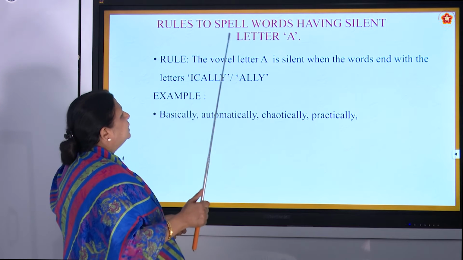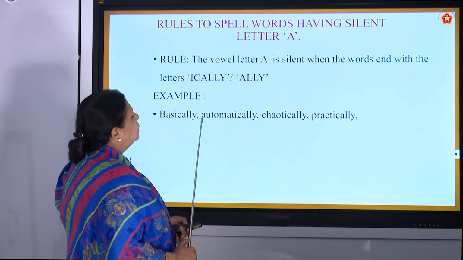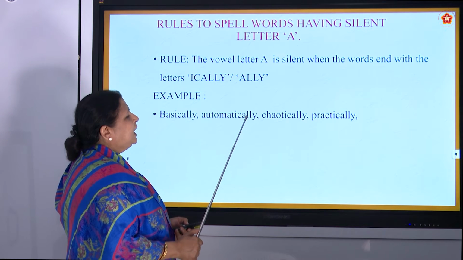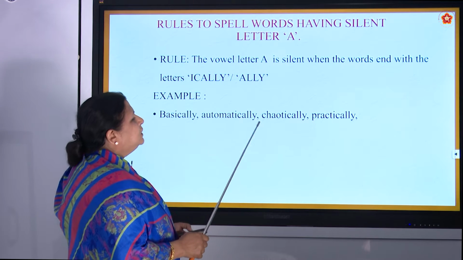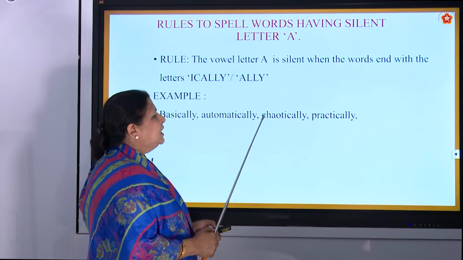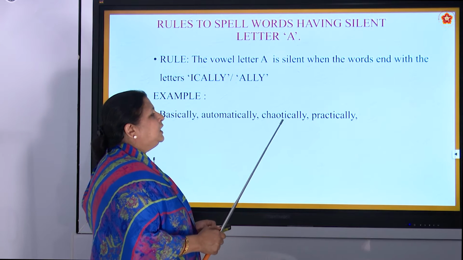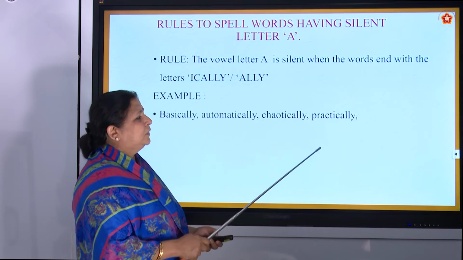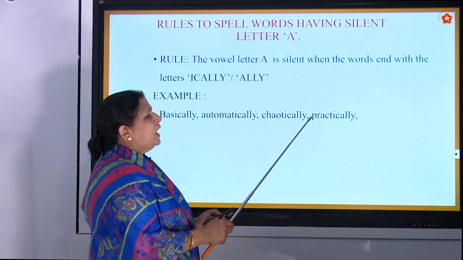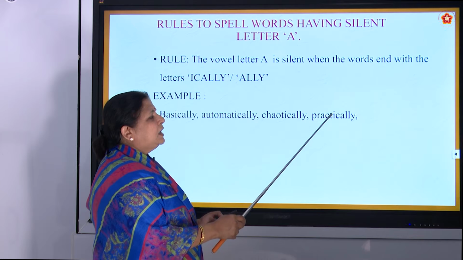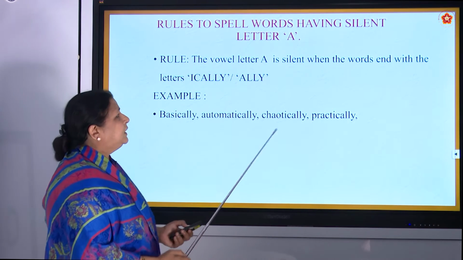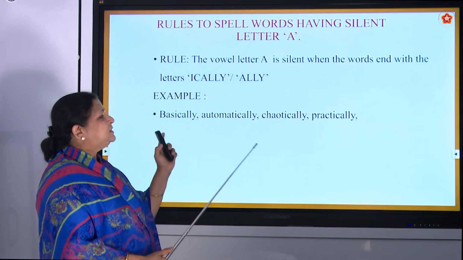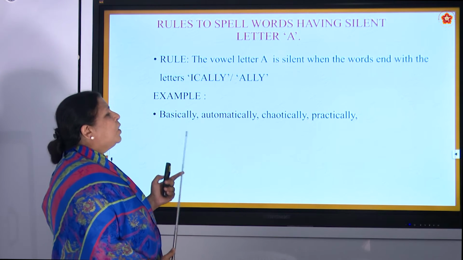See, basically. Okay. Then automatically, A-U-T-O-M-A-T-I-C-A-L-L-Y, automatically. Then chaotically, C-H-A-O-T-I-C-A-L-L-Y, chaotically. Then practically, P-R-A-C-T-I-C-A-L-L-Y, practically. Now you have to write all these words at least 5 times in your books, because these are all new words.